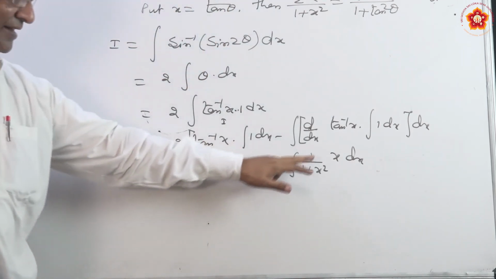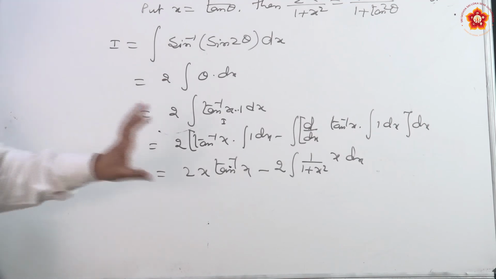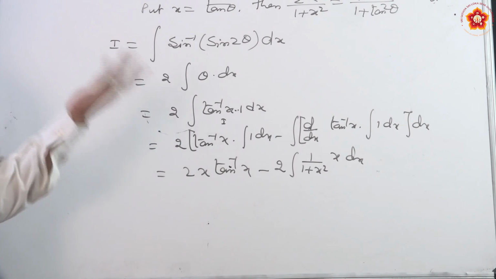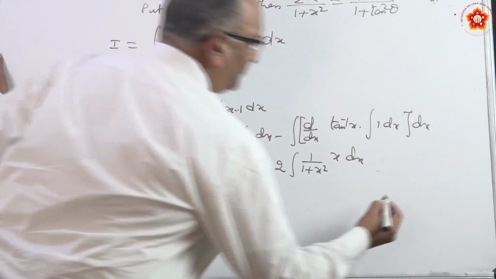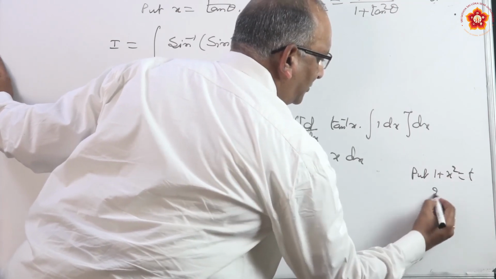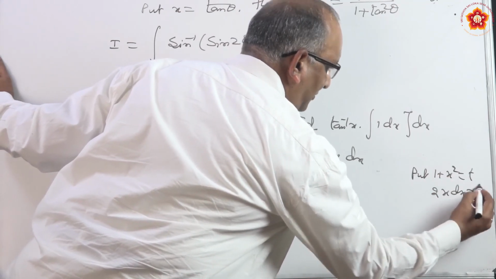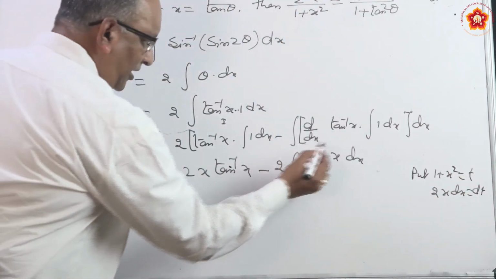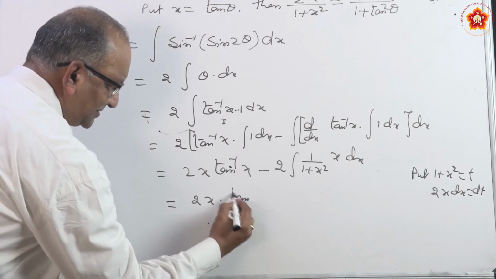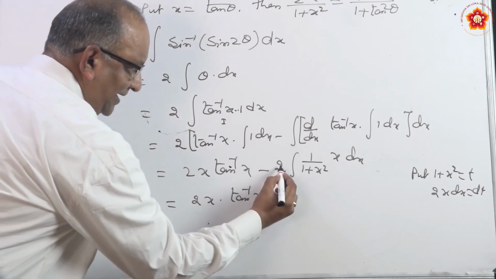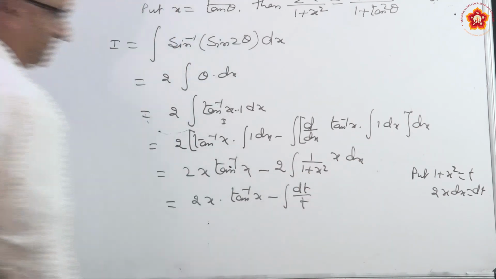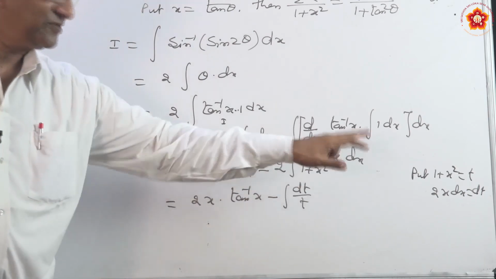Now think how to integrate this function. The best thing can be just take that part separately and do it and substitute. You can directly also solve it. It is not very difficult, because if you put 1 plus x square as t, you get 2x dx equal to dt. So 2 is already there. So this can be written as 2x into tan inverse x minus, just take this 2x dx as dt, it will become dt by t, because we took 1 plus x square as t.